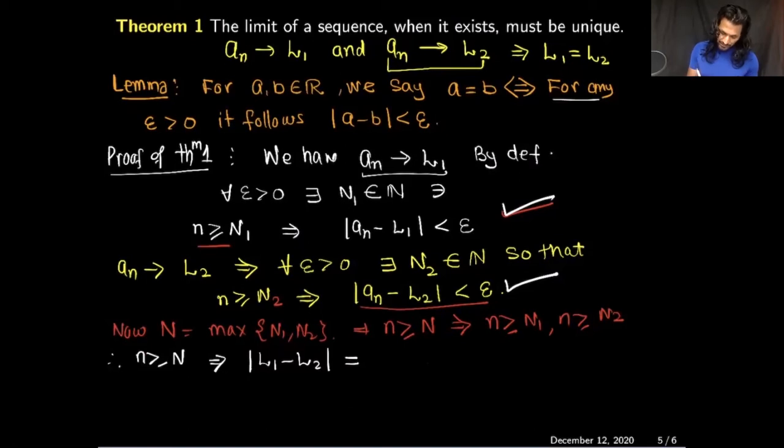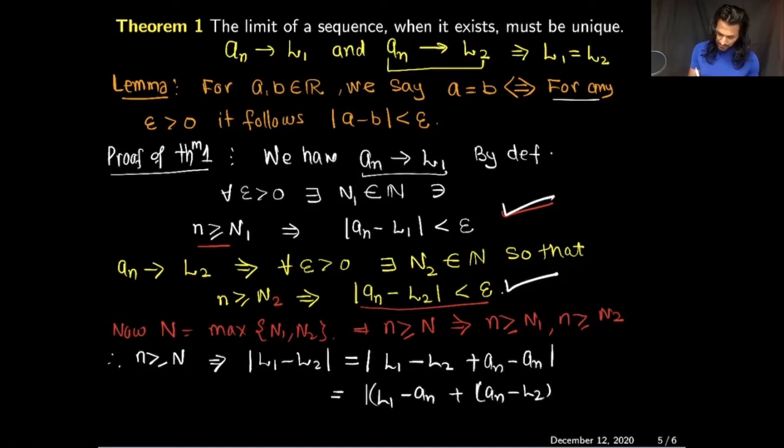We can write L1 minus L2, and I'm going to add and subtract AN. So the interior can be written as L1 minus AN plus AN minus L2.